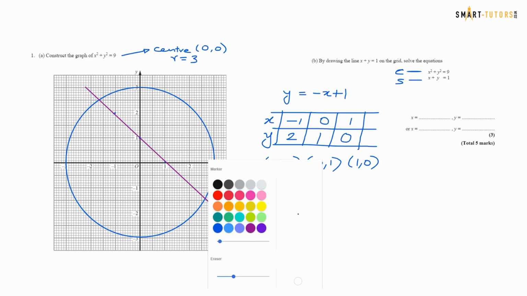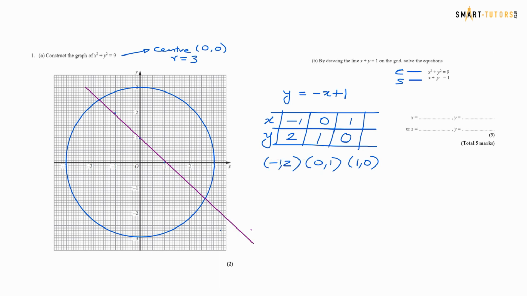That is the straight line and that is the graph, and they're asking you to solve and find the solution. The intersection points are the solution.